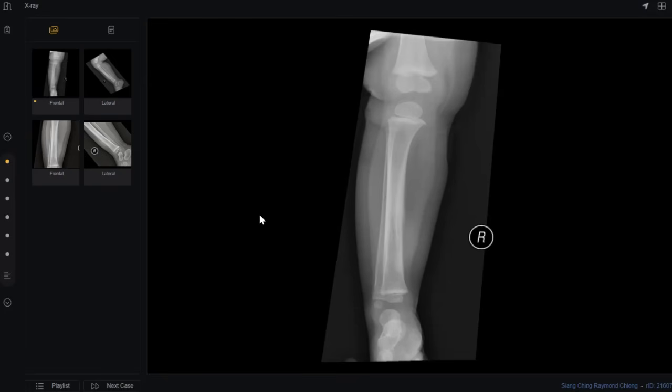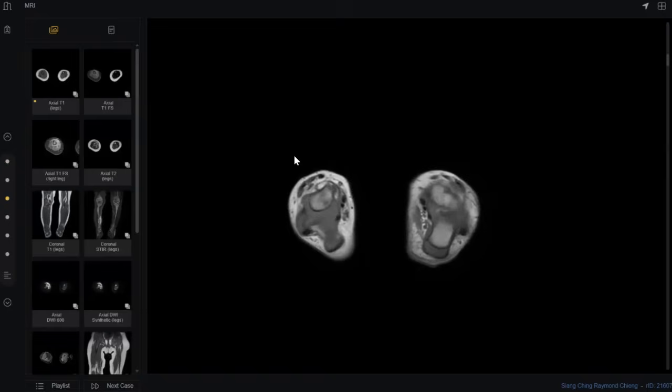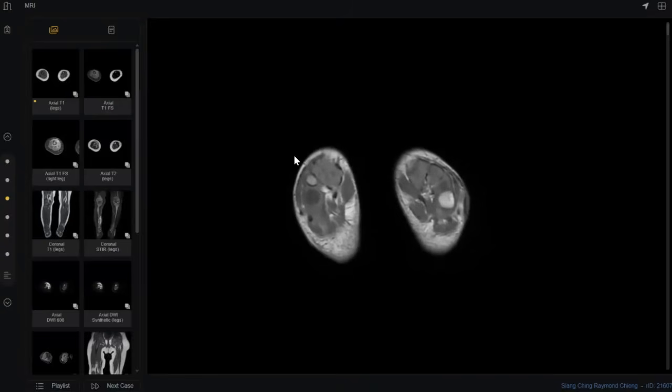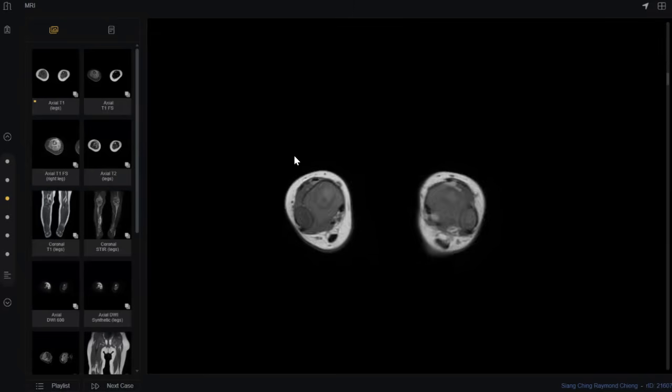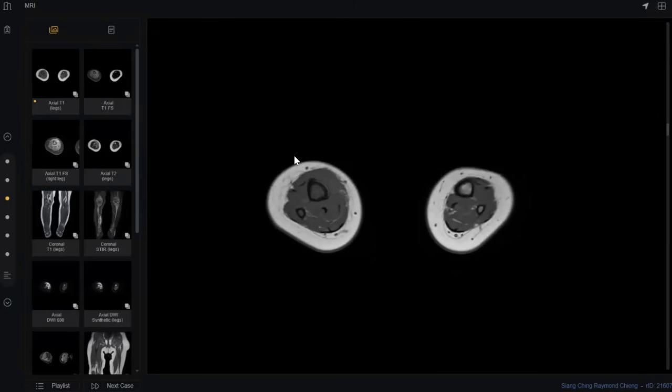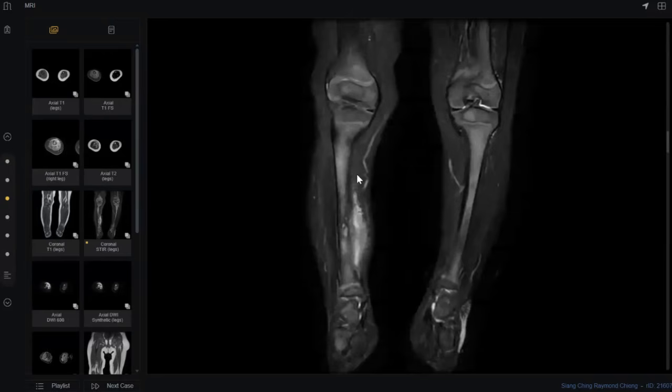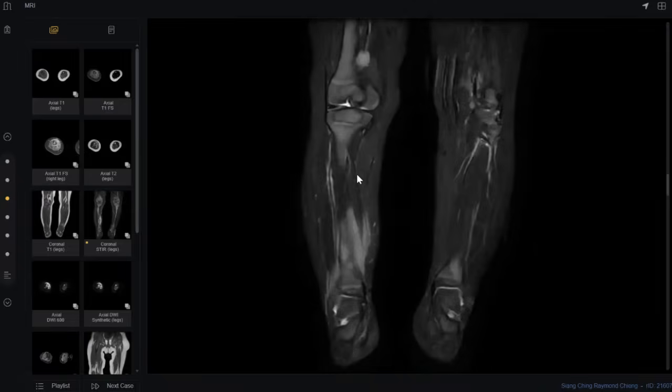So, what is your next step? Further, I would like to advise an MRI of the patient to see the extent of the lesion, to see any skip lesion, and the involvement of the overlying neurovascular bundle. I have been presented with the MRI of the same patient, axial section of the bilateral legs. What do you think?